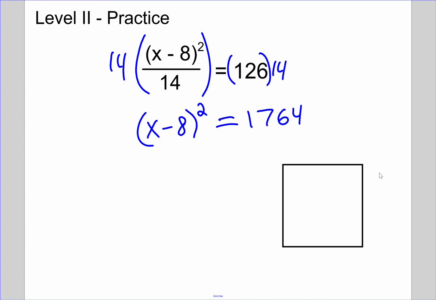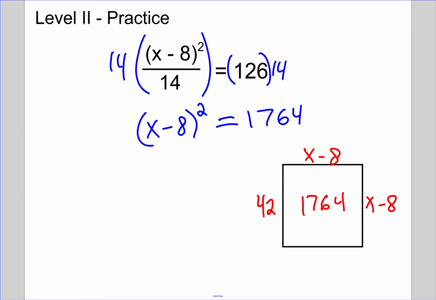So we get the side length of our square as being x minus 8, and the square root of 1,764 is 42.